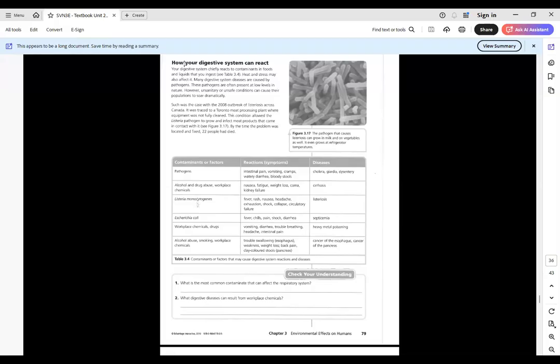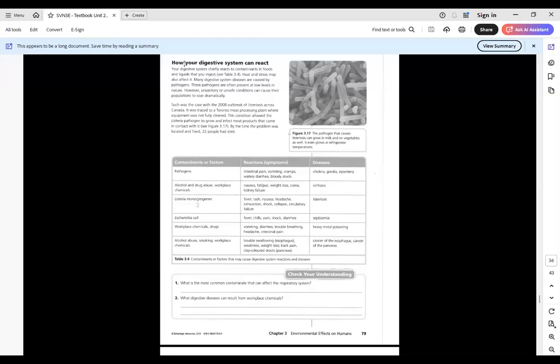The next one listed is alcohol and drug abuse, and it's next to workplace chemicals. So, alcohol is considered a contaminant to the body. It is a poison. It is toxic in great amounts, as anybody who has taken too much alcohol in and felt the effects the next day. The effects are nausea. It means feeling like you're going to get sick, fatigue, tiredness, weight loss.